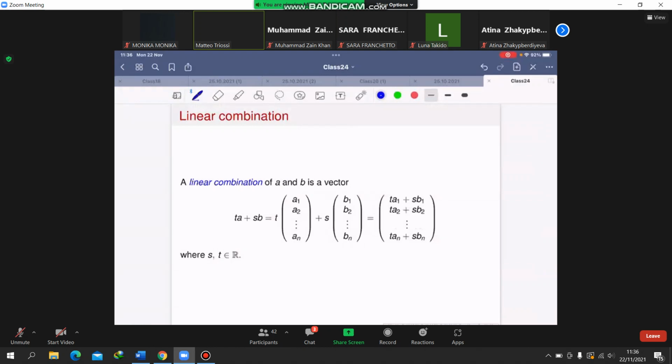So combining both operations gives what is called a linear combination.